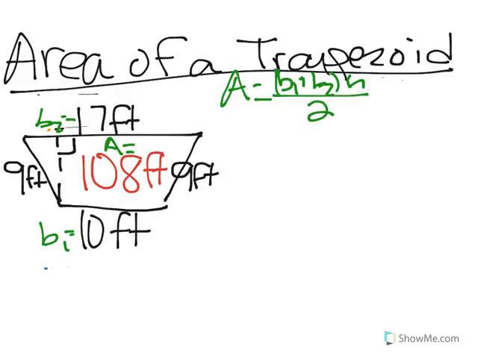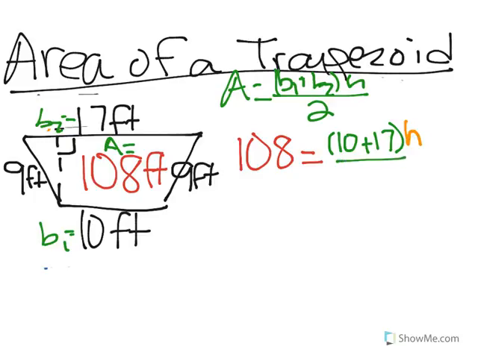Now we substitute. We know the area this time, so instead of A, I'm going to write 108. We know our bases. Base 1 is 10. Base 2 is 17. We don't know our height, so I'm going to leave my height as h. And we divide by 2.